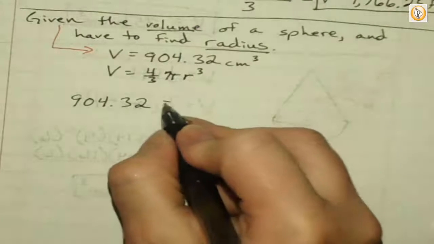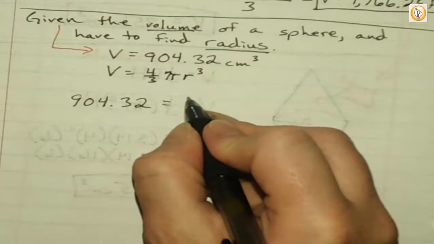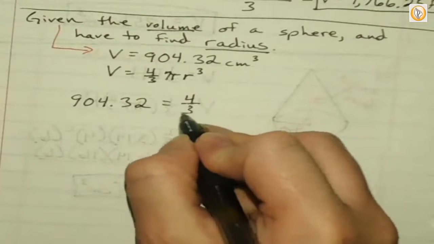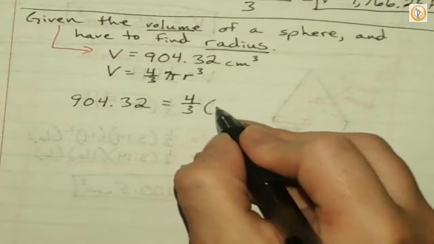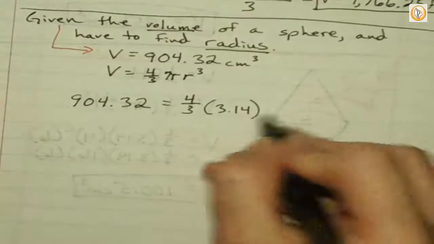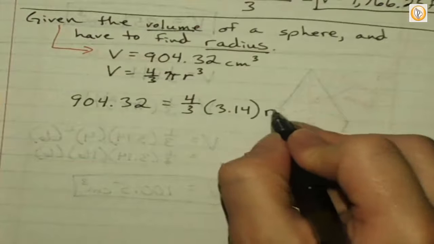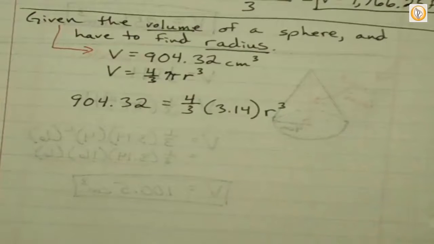And we start plugging it in. 904.32 equals 4 over 3. We know what pi is, correct? But we don't know what the radius is, so we have to leave it. So what do you think I should do first?